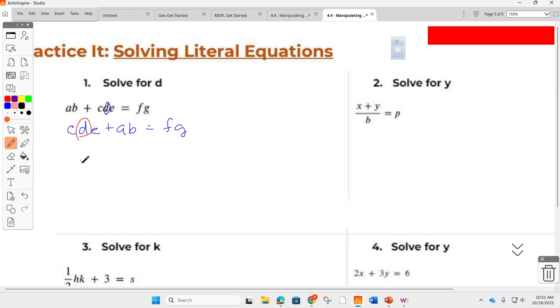So what are we going to do? Mason, what are you going to do here? Are we solving for d? Yeah, subtract ab from both sides.